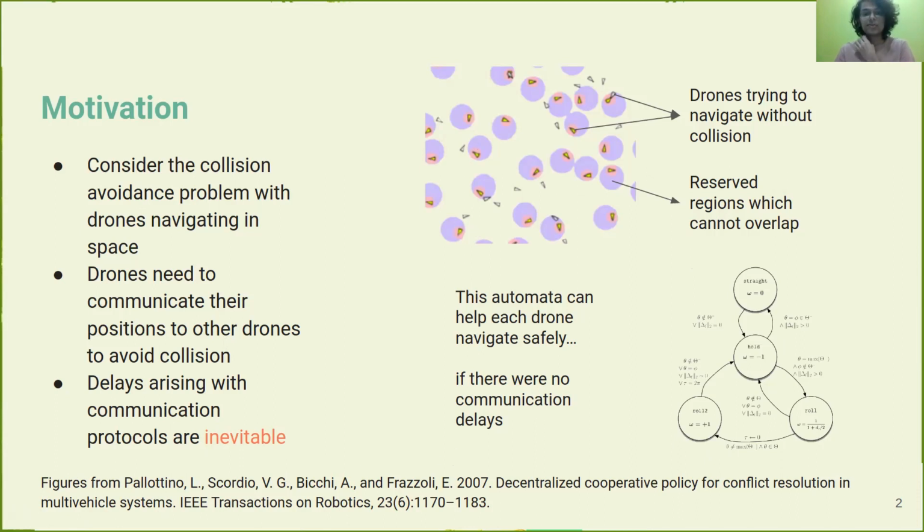And they prove theoretically that this model for each drone, if it is controlled by a given control policy, would successfully avoid collisions, and each of the drones would be able to reach its destination theoretically. But of course, one strong assumption they make is that there are no communication delays at all, and each drone has perfect information about all the drones around it.